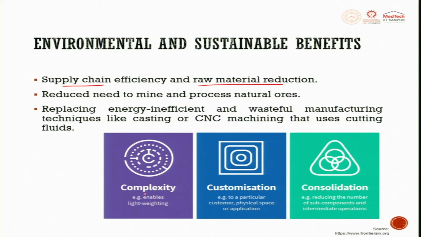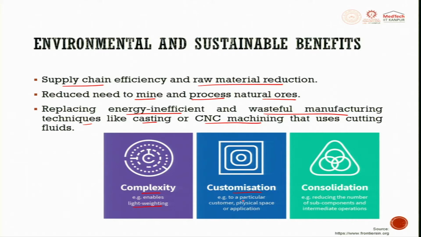Complex parts which enable less waiting are also produced here, reducing the need to mine and process natural ores, and replacing energy inefficient and wasteful manufacturing techniques like casting, CNC machining, and so on. In customization, the part could be customized to the specific component.